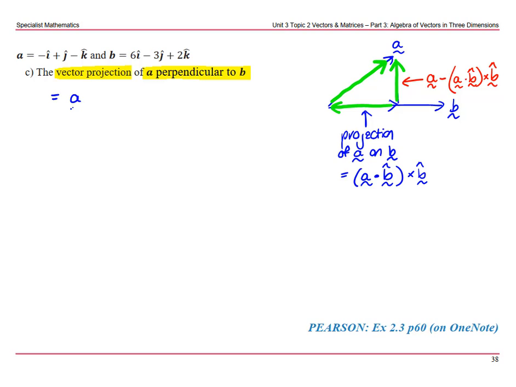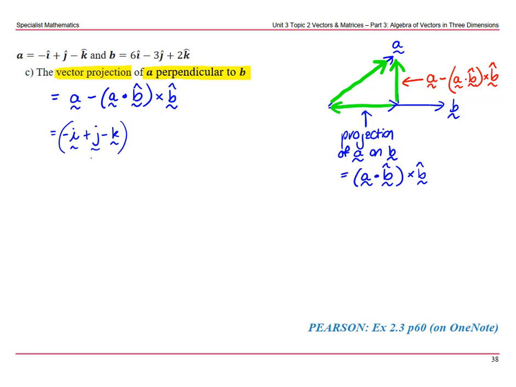So it equals A minus the dot product between A and the unit vector B times by our unit vector of B. Now A is negative i plus j minus k.